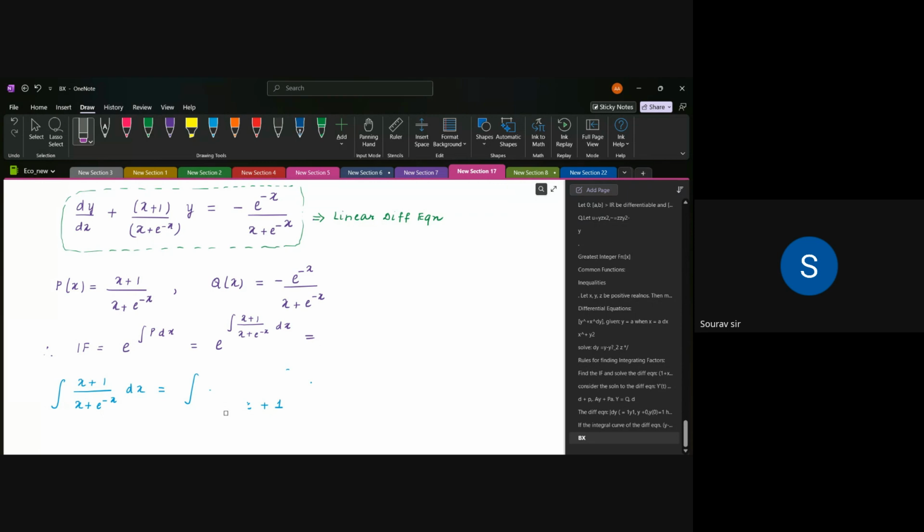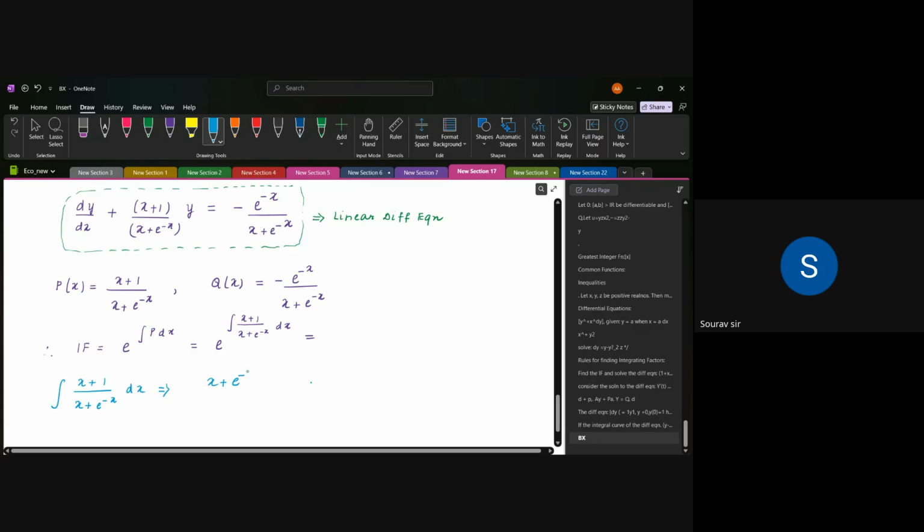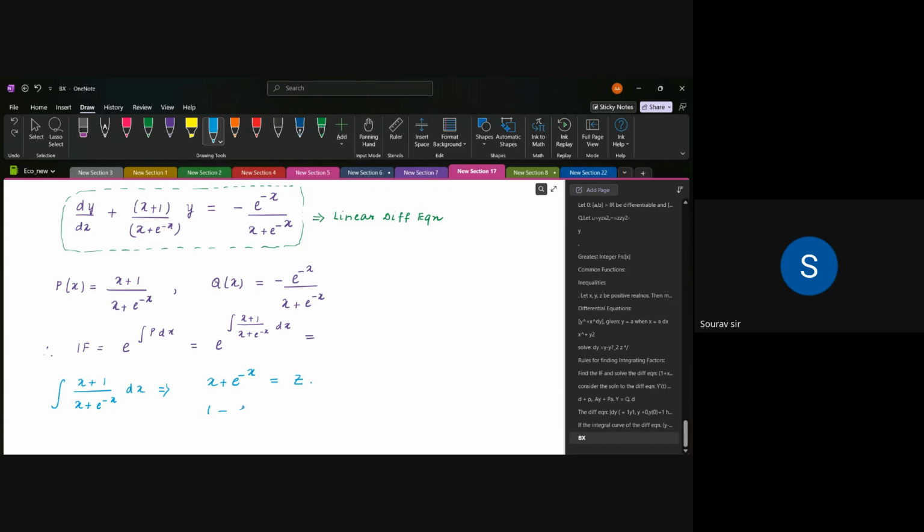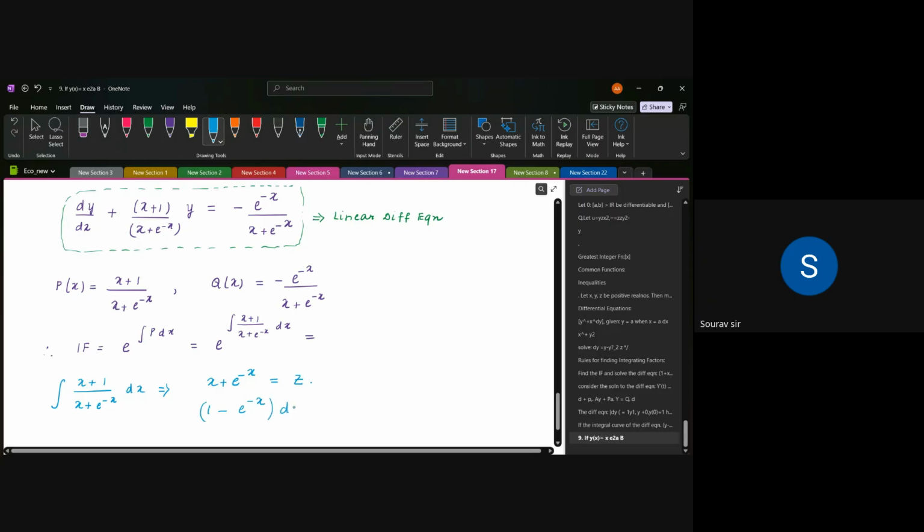So if you want to substitute, take x + e to the power minus x as some z. So (1 minus e raised to the power minus x) dx is equal to dz.